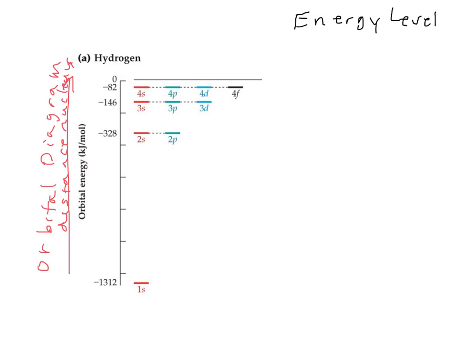We're going to take our energy levels, or our principal quantum numbers, and divide our energy levels into sublevels. These sublevels are going to be represented by our next quantum number.